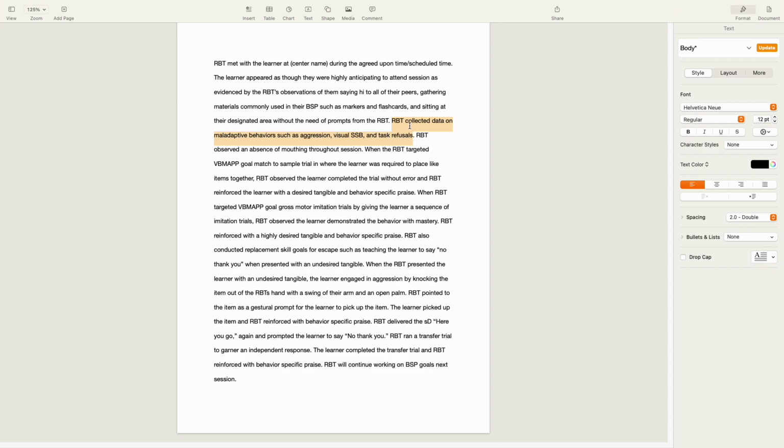When I say collected data on, I mean for every behavior you tracked. So look at this sentence: RBT observed an absence of mouthing throughout session. Mouthing is another one of their behaviors, but the RBT didn't see that. The learner didn't engage in that behavior.